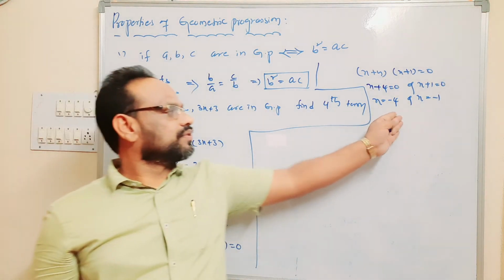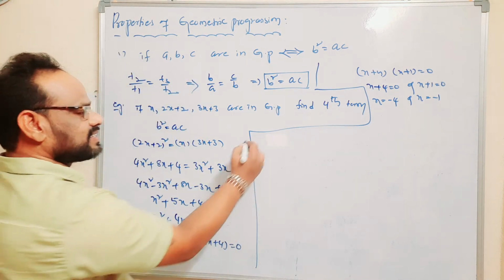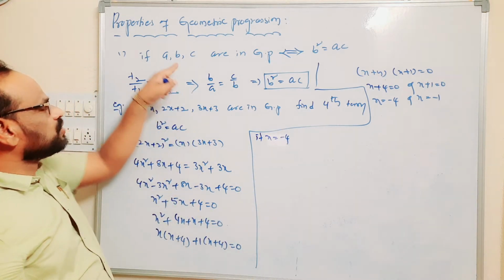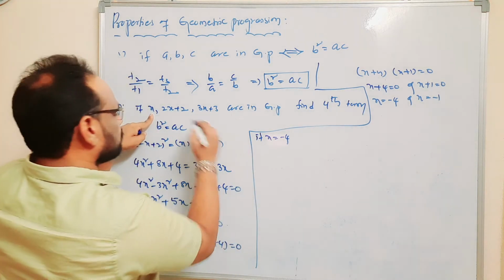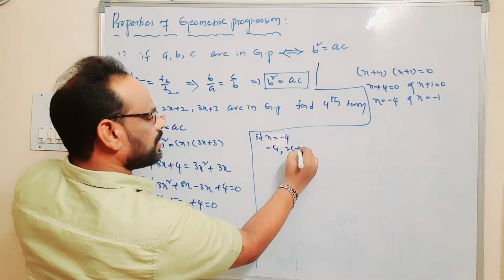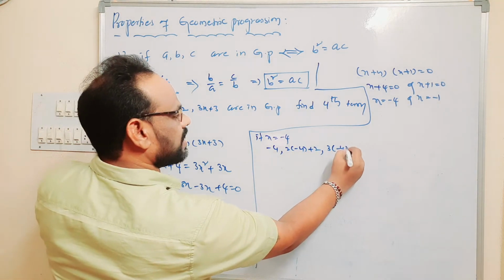x is equal to minus 4 or x is equal to minus 1. This is the x value. If x is equal to minus 4, substitute it here. The terms are minus 4, comma, 2 into minus 4 plus 2, comma, 3 into minus 4 plus 3.